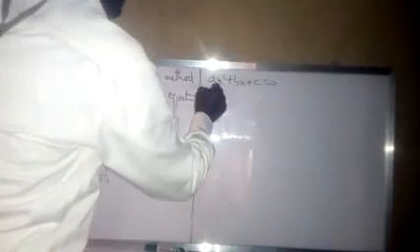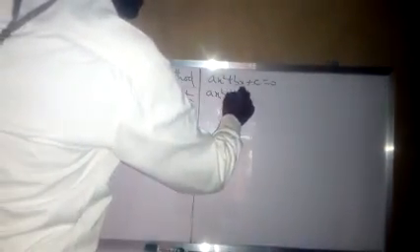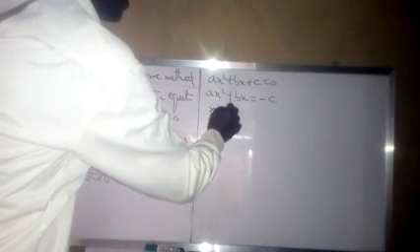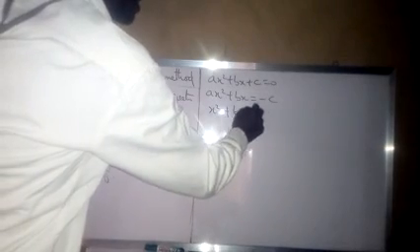Okay, ax squared plus bx plus c is equal to 0. First of all, let us take c to the other side. We have ax squared plus bx is equal to minus c. Now we divide through by a, as x squared plus b all over a x is equal to minus c all over a.